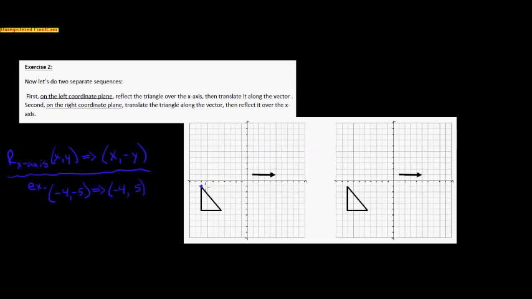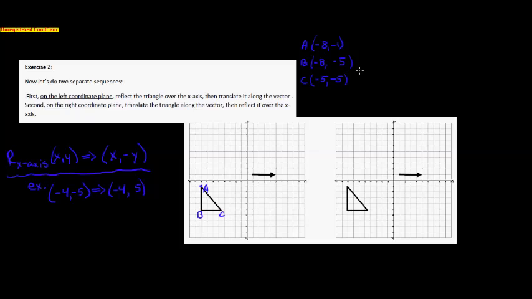I'm going to label this A, and this one B, and this one C. And let me go up on top here and actually write what the coordinates are. That's -8, -1, and B is -8, I think I might have to count this one out. 1, 2, 3, 4, 5, negative 5. And point C is negative 5, negative 5.